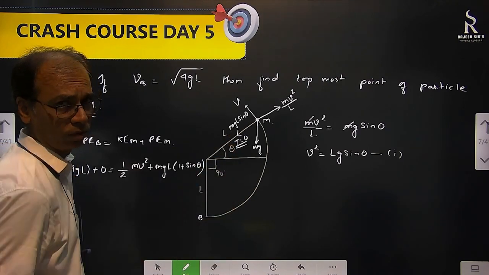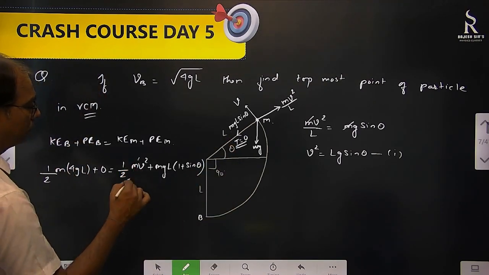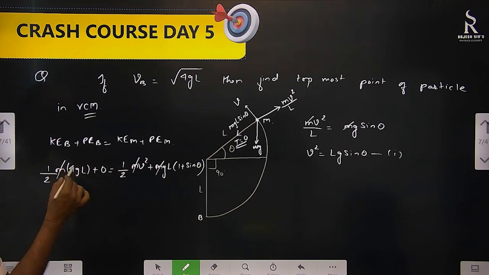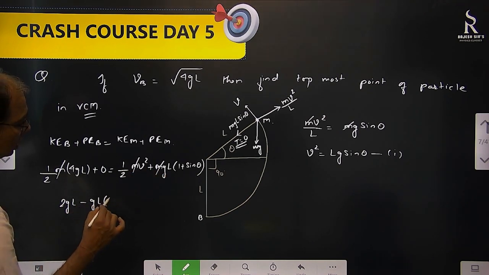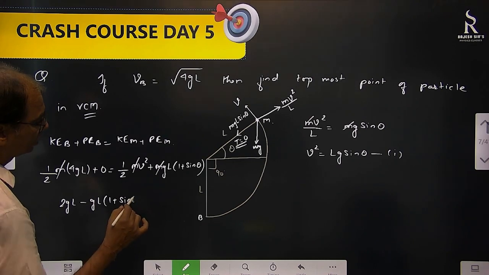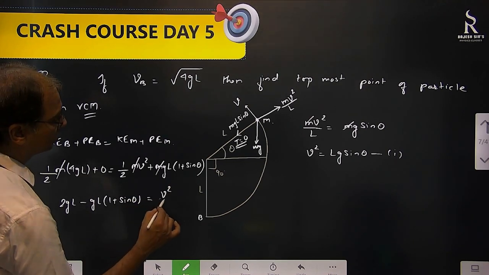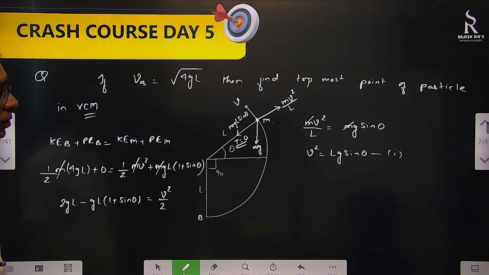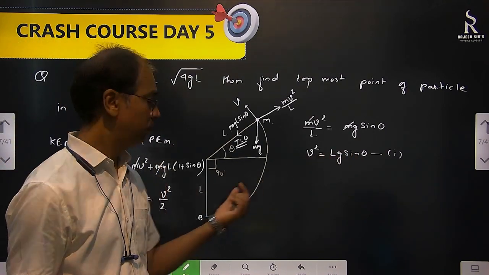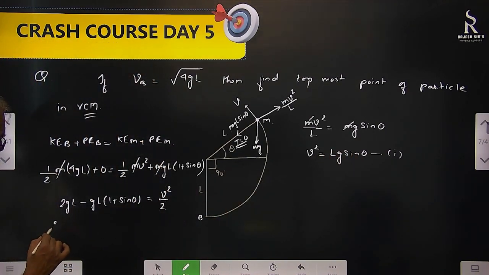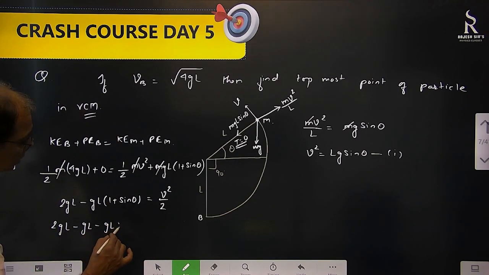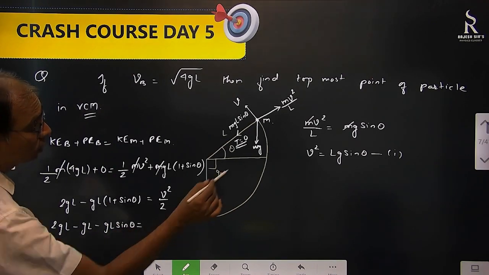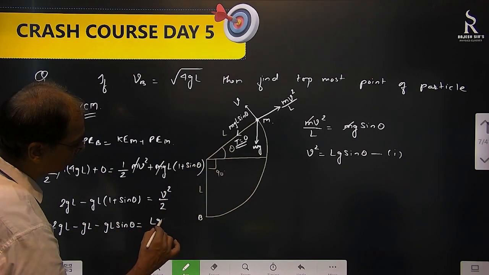Same thing, we have done this before. So m and m cancel. This is 2gl, and this you bring here: minus gl into 1 plus sine theta equals v square by 2. But v square we already have, Lg sine theta. Put it here. So here is 2gl minus gl sine theta equals Lg sine theta by 2.